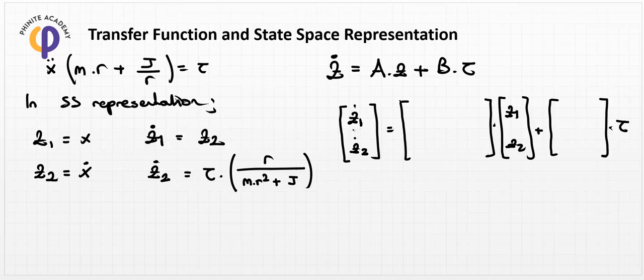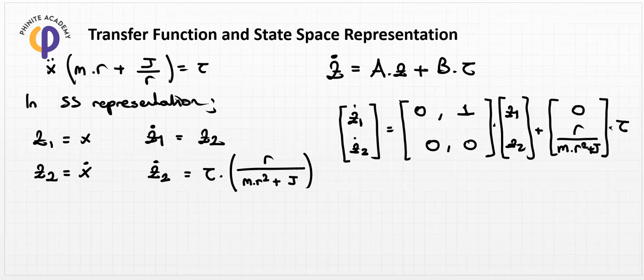For example, z1 dot consists of z2 only, and z1 is not a parameter of it, so z2 is included in the z1 dynamics and the 1 should be written here. z1 dot does not include the torque value, so we put 0 in this term. z2 dot has no parameter with z1 or z2, so 0 0 must be written at this position, and the torque value is included here, with the dynamic coefficient r divided by (m r square plus j).